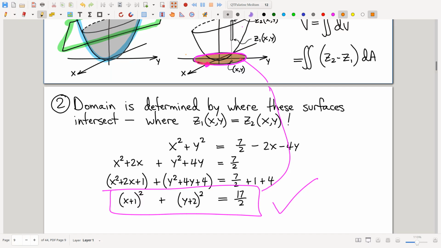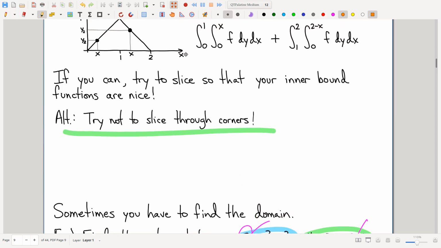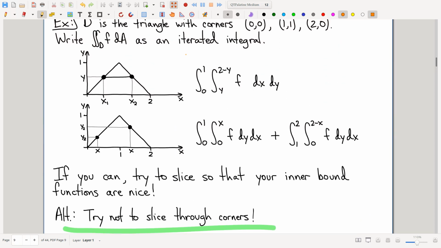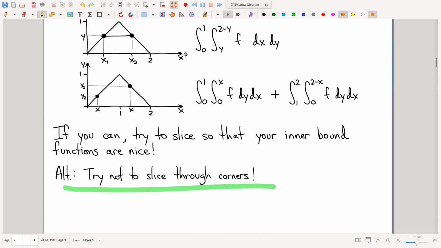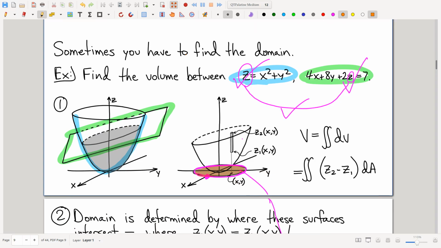If we were actually going to write the bounds, what would they be? Oh yeah, you've got to go through one of these slicing processes, and again, that's not the point of this example. You're going to have to decide whether you want to do dx dy or dy dx, and so you'll be slicing up this circle instead of slicing up a triangle or whatever. But you just follow the same process. Totally works.